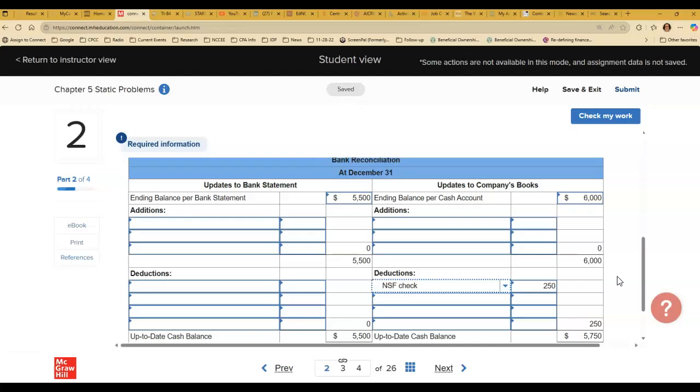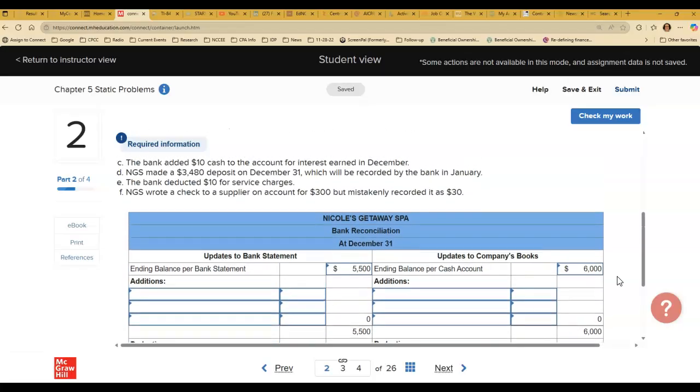When we initially deposited that $250 check, we increased our cash balance and either recorded revenue or coded it against accounts receivable, right? So now that 6,000 is $250 too high because that check got kicked back.